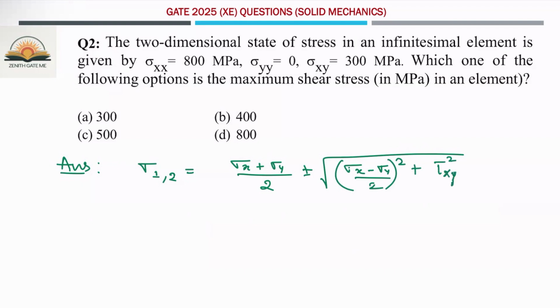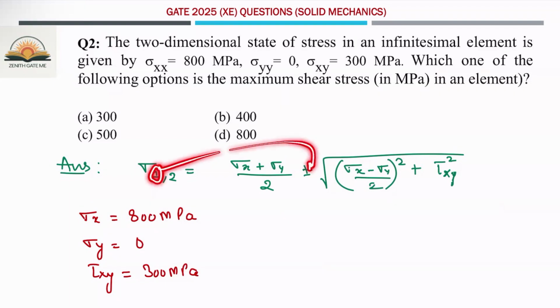Here, sigma x, sigma y, and tau xy are given in the question. Sigma x is 800 megapascal, sigma y is 0, and tau xy is 300 megapascal. Just put these values, then you will get sigma 1 and sigma 2. For sigma 1, you have to use the plus sign, and for sigma 2, you have to use the minus sign. That means sigma 1 is the major principal stress and sigma 2 is the minor principal stress.